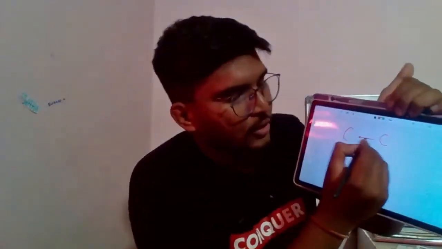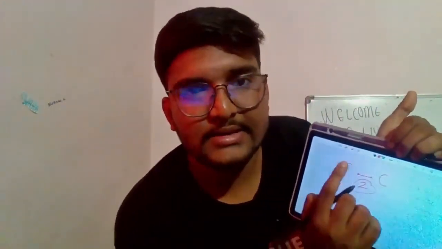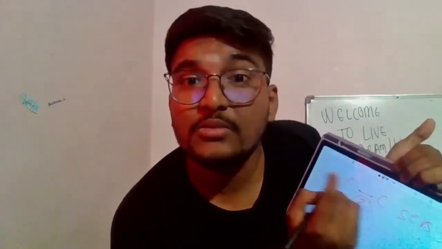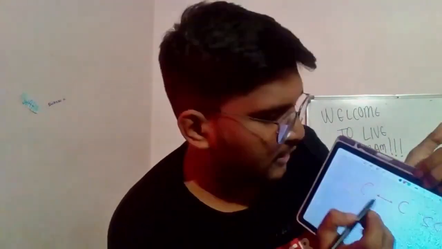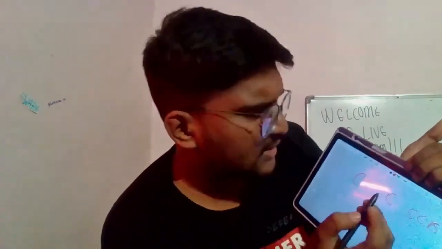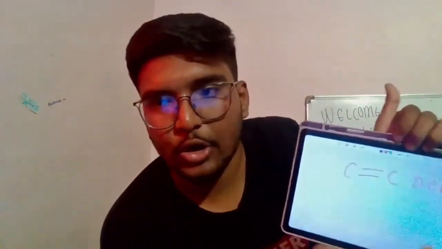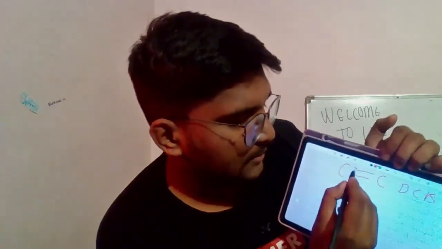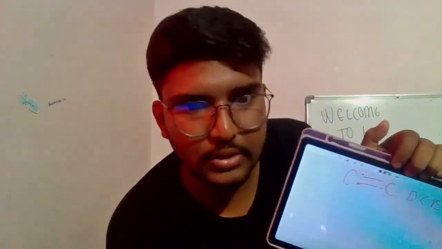So here two electrons are involved, and this is a single covalent bond. Now comes the double covalent bond. We link this with the same carbon. So this is a double covalent bond. Here 4 electrons are shared, 2 from this carbon and 2 from this carbon. This is a very important thing to know.